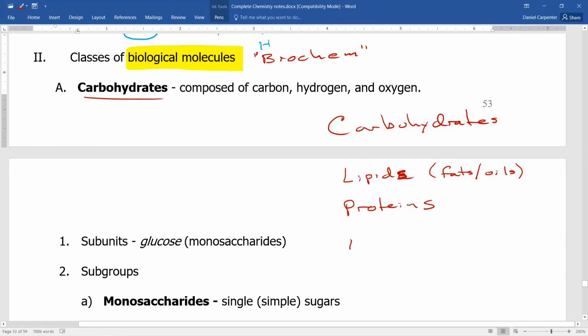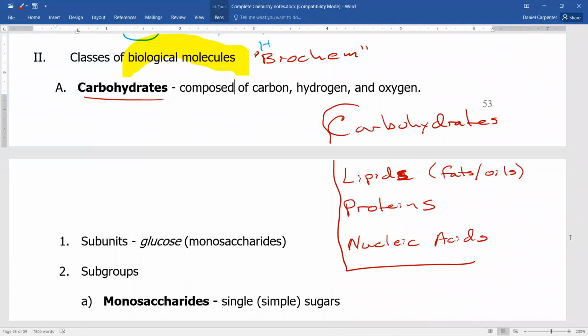The fourth category, which is not talked about in diet because you get enough in your diet without even trying, is nucleic acids. Now, these are the four kinds of biological molecules. The problem is they're very complicated, and that's where the confusion comes in.